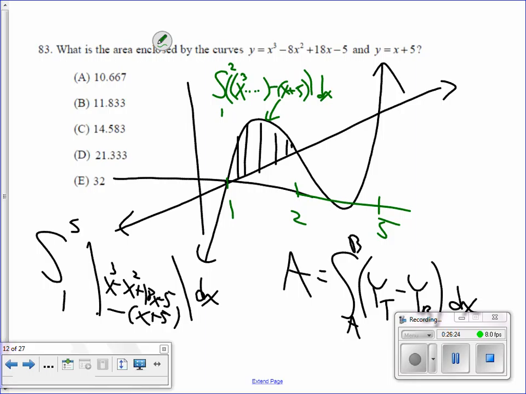And then you would have to get the area of the second region, blue, by adding up these rectangles. So by integrating from 2 to 3, now what's the y top going to be? Over here, it's y on the line, the x plus 5, minus y bottom, which is x on the cubic.